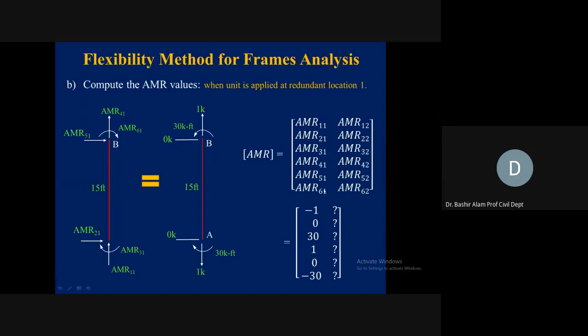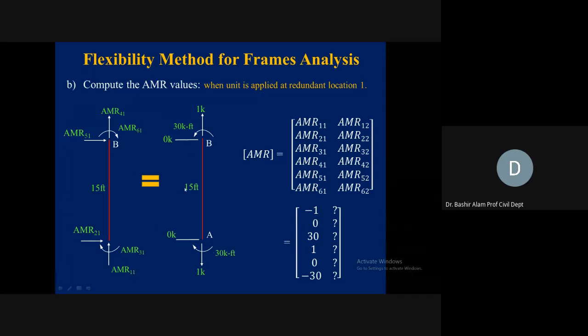This 1, 1, 1 subscript is showing the location of the redundant action, unit redundant action 1. And 1, 2, 3, these are the locations of interest. Here now you see AMR 1,1, 2,1, 3,1, 4,1, 5,1, and 6,1.